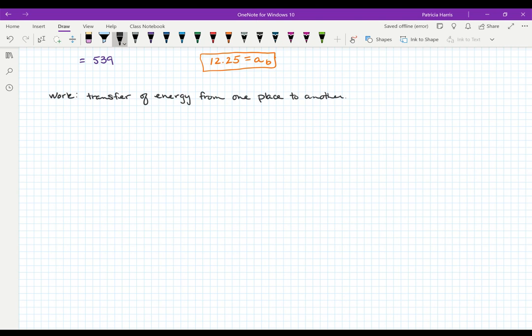Okay, we talk about force, and then we talk about displacement. All right, so work is going to be the magnitude of the force times the magnitude of the displacement.